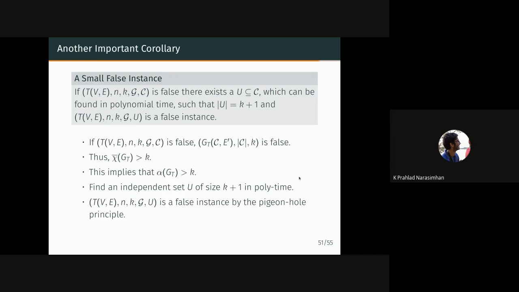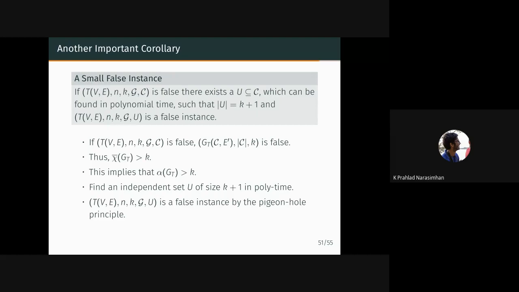So the final claim is that this is indeed a false instance, and this will follow by the pigeonhole principle. Why? Let's say there existed K many guards which can see all of U. That means that there is at least one guard which can see two vertices in U, because the size of U is K plus 1, right?